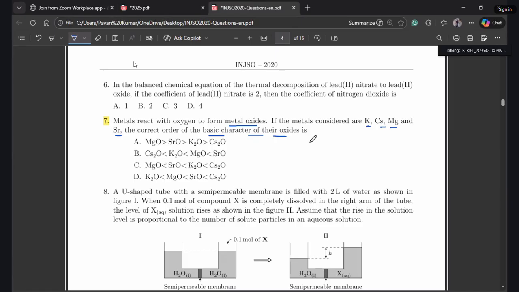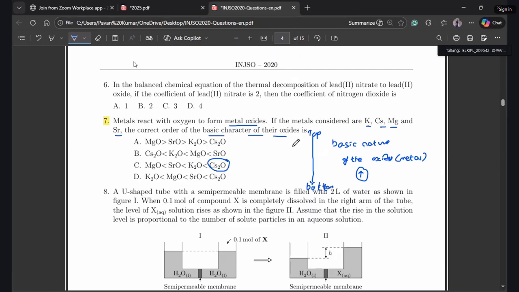And here you must know one particular point: in the periodic table, from top to bottom, the basic nature of the metal oxides increases. Okay. So that means the strongest basic one we can say is Cs2O.